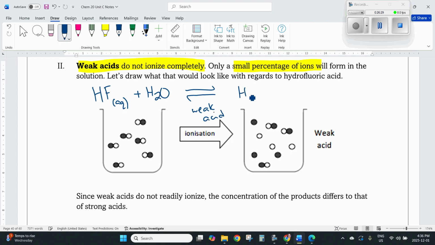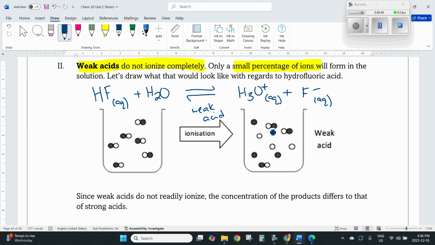So it will still make your hydronium ions, but technically less of them. And then it will make your fluoride ions, but again, less of them. So if you look at your container as a product, you don't have all of your acid separating into the ions.